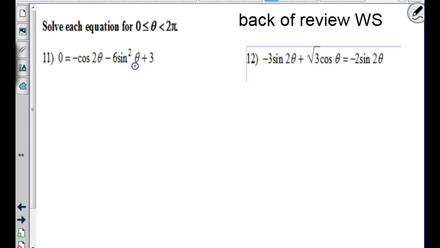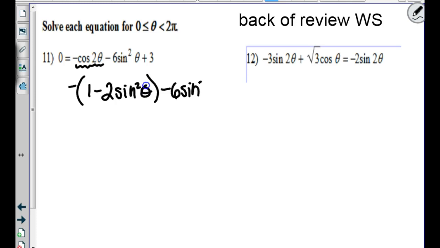We could change sine squared to 1 minus 2 cosine squared. But, yeah, what can we change that to? Because it's a double angle. Okay, there's 3 choices. Why did Kayvon pick that one? Yeah, because we already had a sine squared over here. Where's the equal sign? Way over here? Okay.